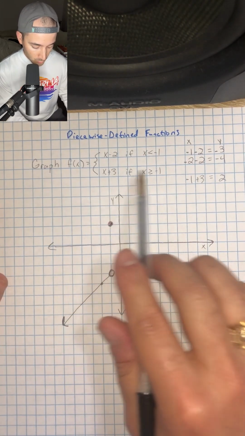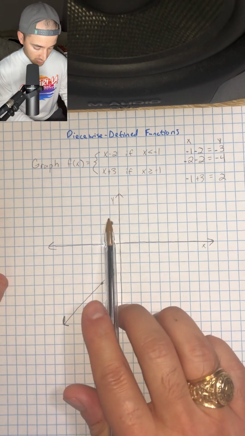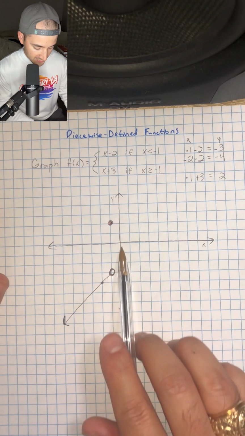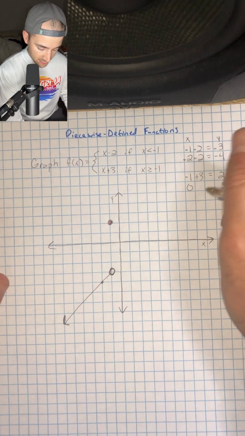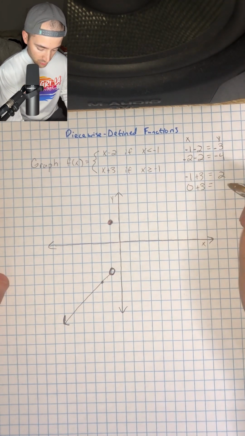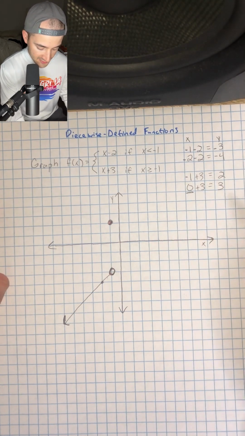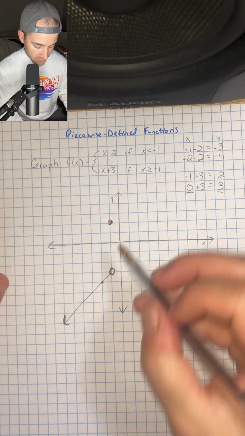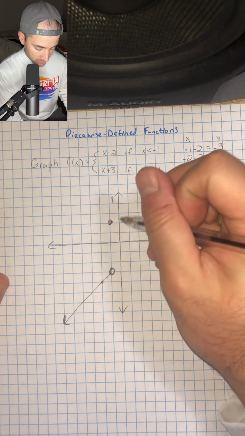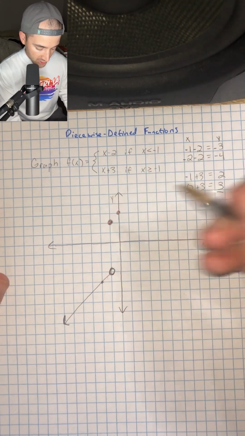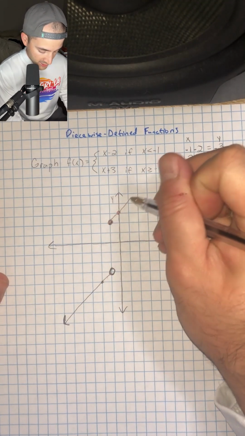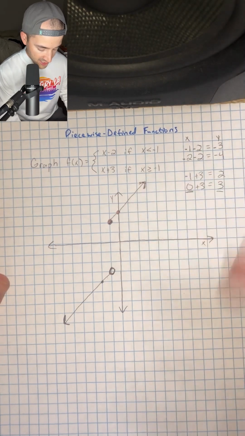Let's go ahead and plug in one more point. So moving to the right, let's use x is equal to 0. So 0 plus 3 is equal to 3. So that means we have a point at 0, comma 3. So 0 and then up 3 right there. And so our line there is looking something like that.